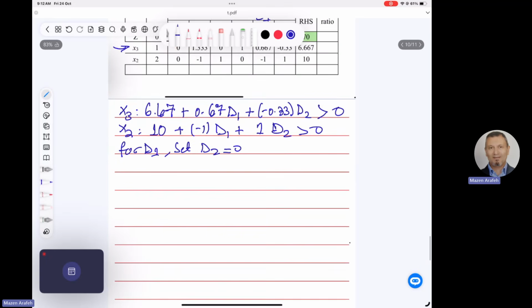So let's start with the first equation. I have 6.67 plus 0.67 d1, and this should be greater than 0.